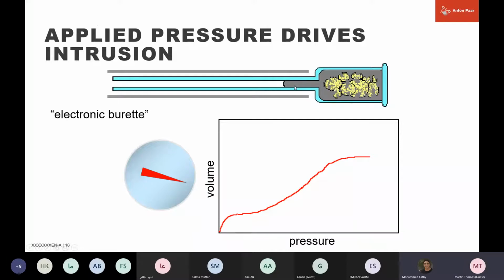In terms of measurement science, the mercury constitutes one plate of an electronic capacitor, and this metal cylinder is the other. I'll show you this again on camera shortly. So the intrusion of mercury is recorded as pressure is applied, obviously with much greater resolution than I showed here.